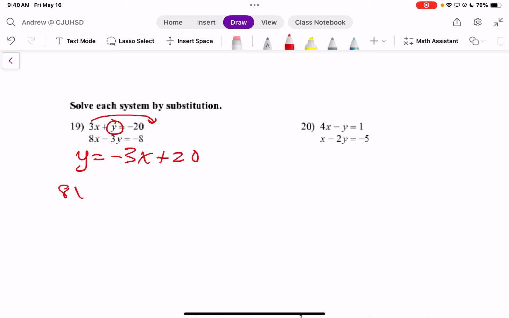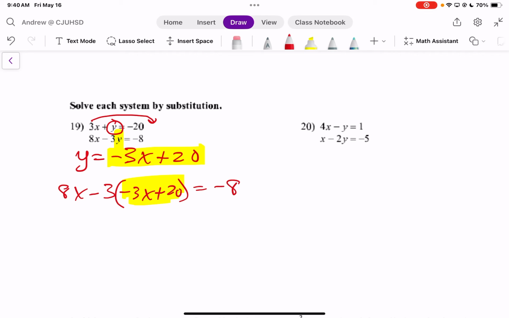So 8x minus 3y equals -8. This little part right here is going to be substituted with that. So -3x plus 20. We're going to have to do everything we did on the previous page, right?